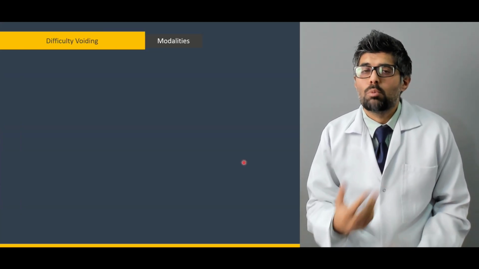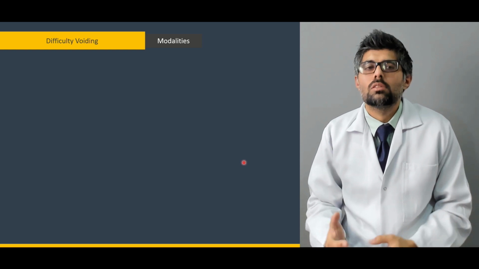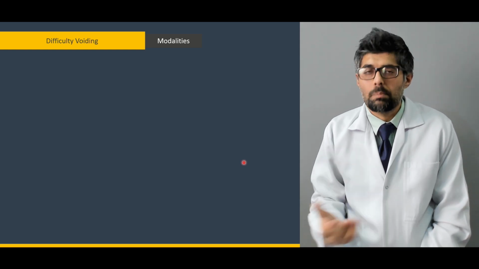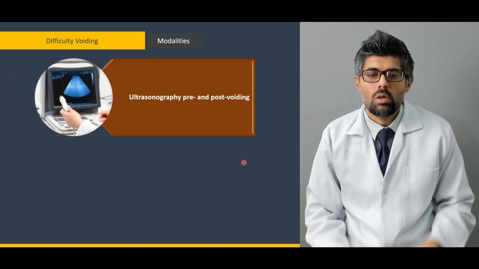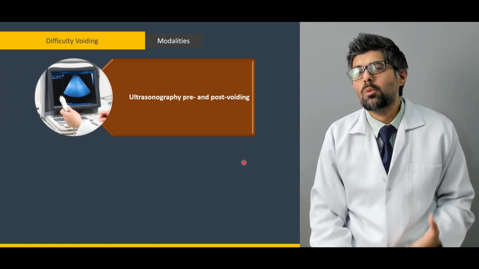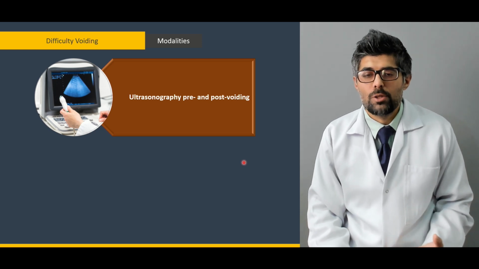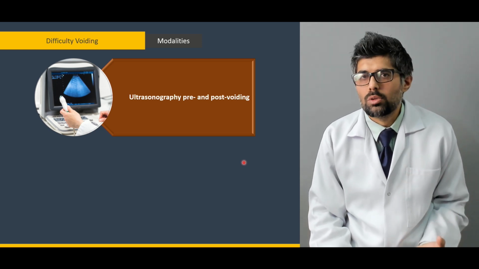Next are the modalities that we use whenever we encounter a patient with difficulty in voiding. So, one of the primary modalities for imaging that we use is ultrasound.